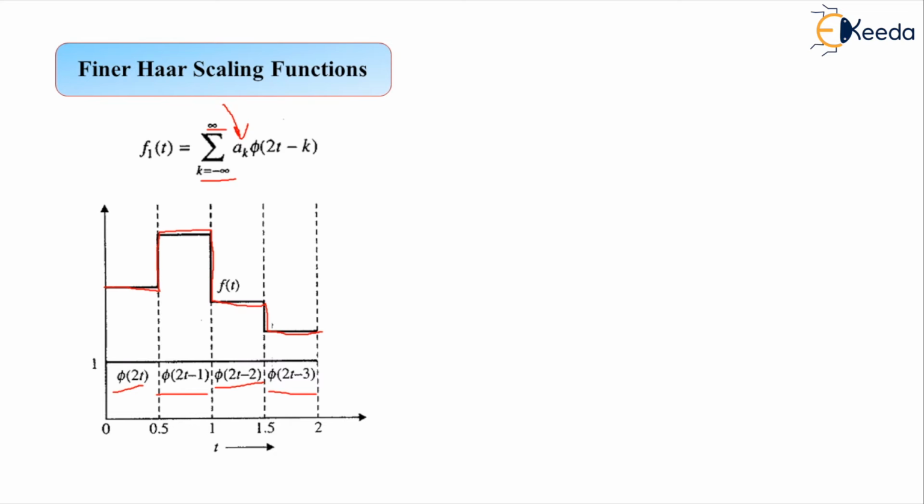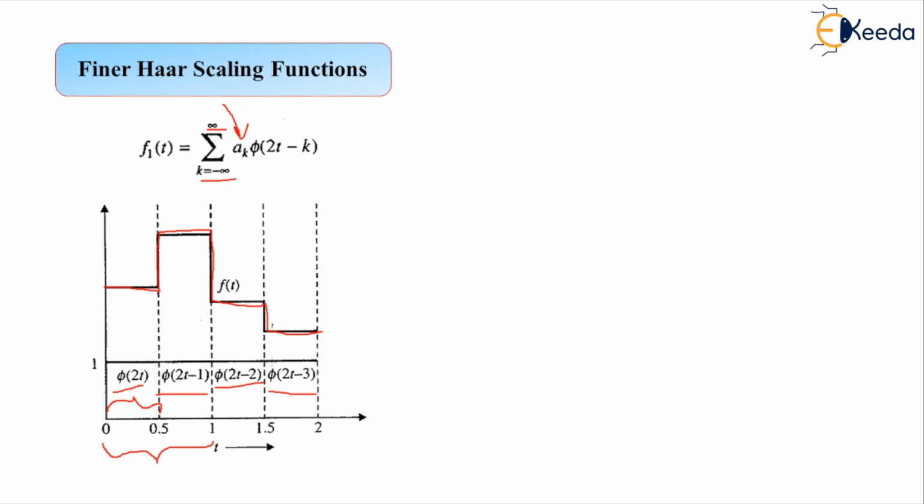Now you see, as compared to the earlier functional base V0, where one base spanned the time interval 0 to 1 or 1 to 2, here we have the functional basis spanning half of the time duration as compared to the earlier representation.